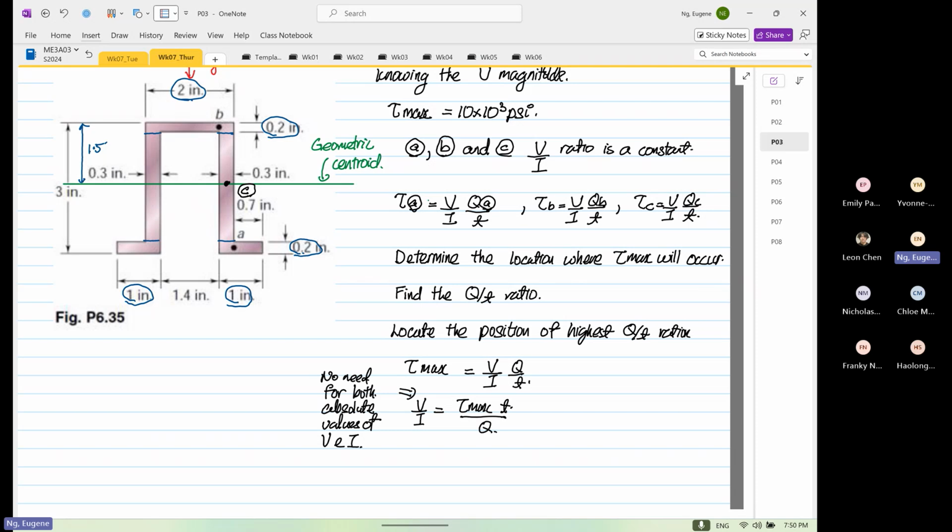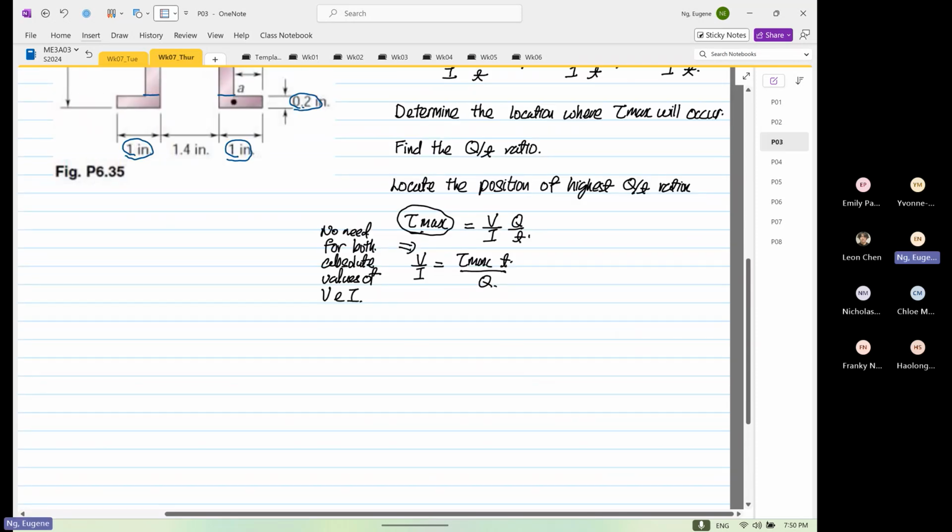To determine the V over I ratio, we have to know the position of the highest Q over T ratio. This is because tau max is given. Okay, so when you see a problem like this, don't rush and calculate the second moment of area. Okay, for this case, sometimes it is not necessary. Okay, so this is how we are going to proceed to solve. Right.